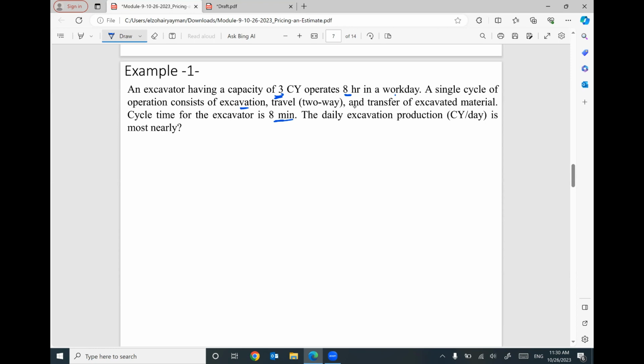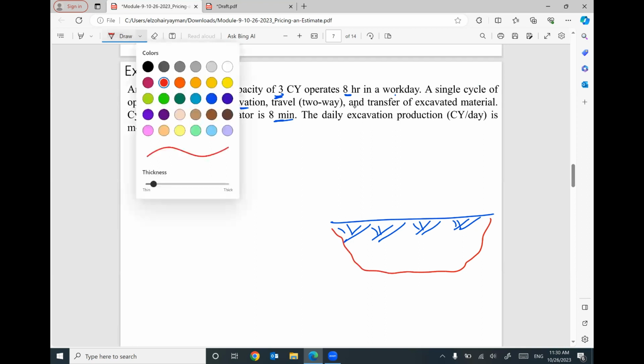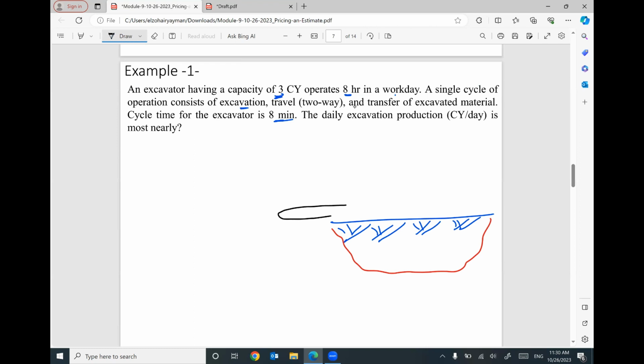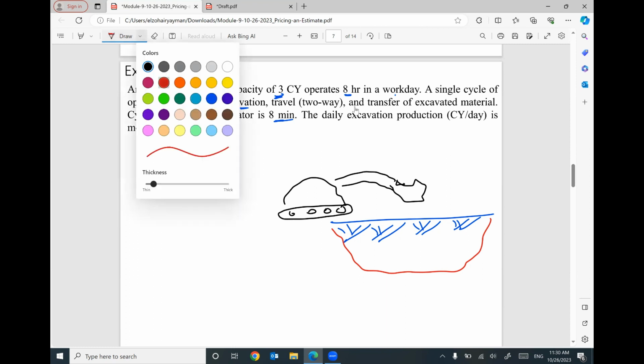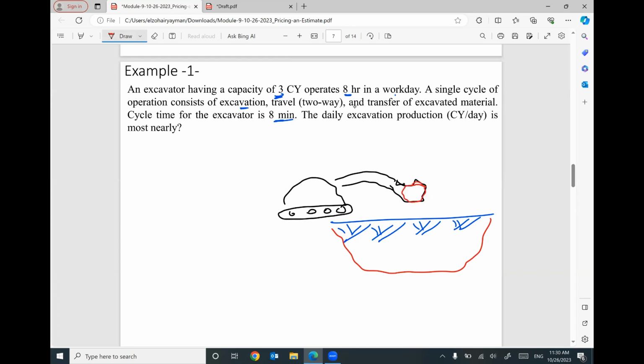I can explain it for you. We have the ground surface here, and we need to excavate this ground surface. So I will rent an excavator. Does that make sense? So this excavator, the capacity of this part that can excavate in one cycle is 3 cubic yards.